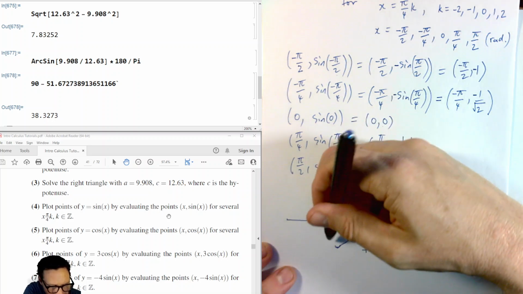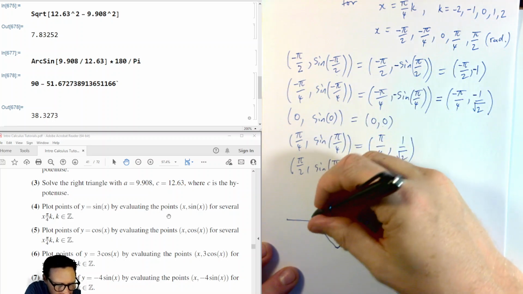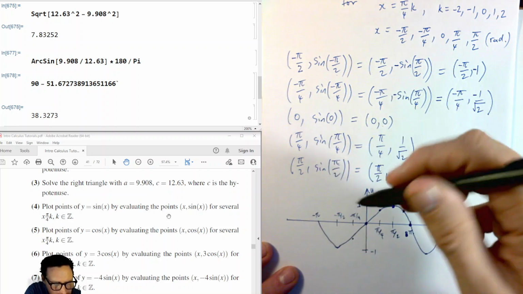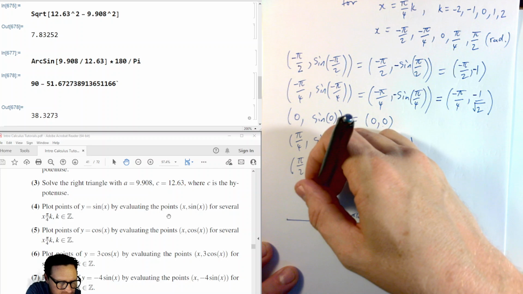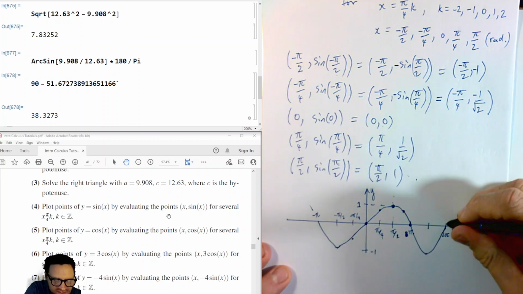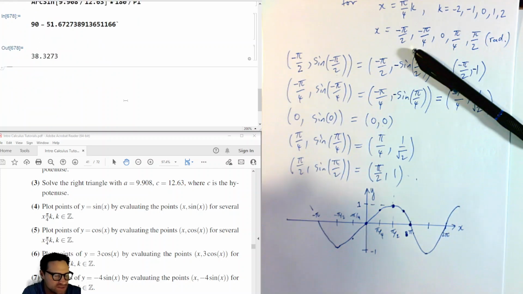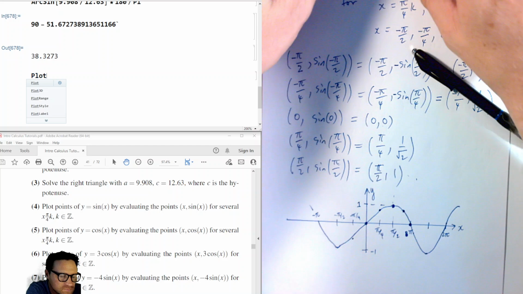So something like this. And then we come back down and meet the axis at minus pi. And then it comes up and keeps going like that. Okay, on this side it keeps going as well. Now let's do a mathematical plot of the sine function.